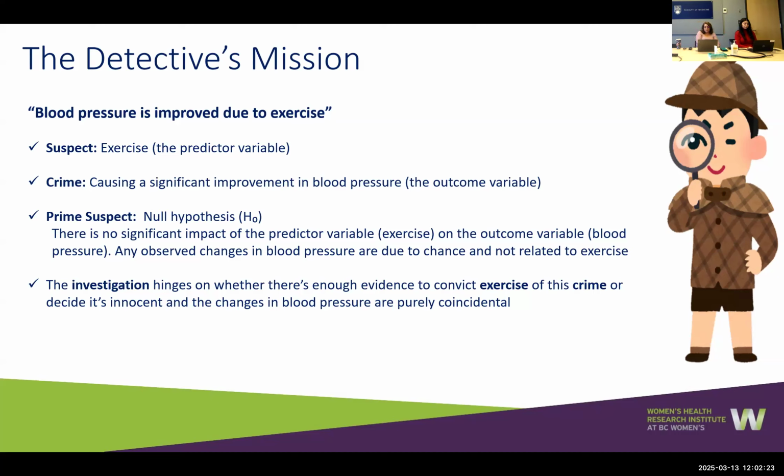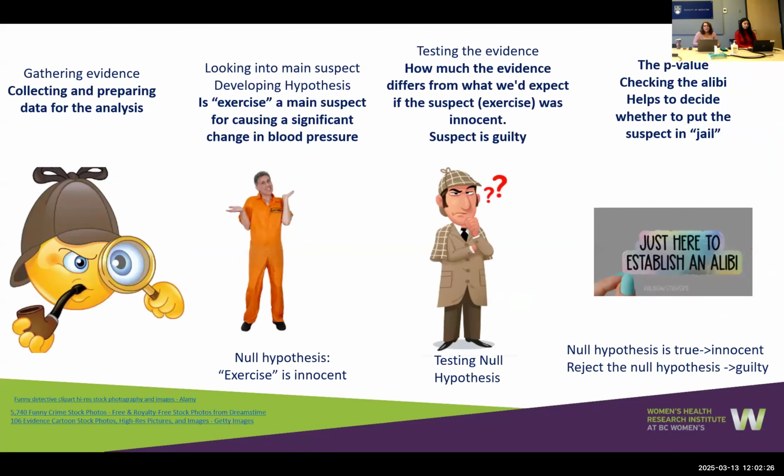And the investigation is to understand if there is enough evidence to convict exercise of the crime of improving blood pressure. Here I'm doing it in more detail as a detective story. So what do we need to do? First, we need to gather evidence, so we need to have some data and an analytical plan. Also, we need to develop our hypothesis, looking at the main suspect.